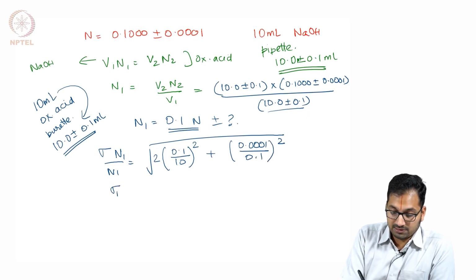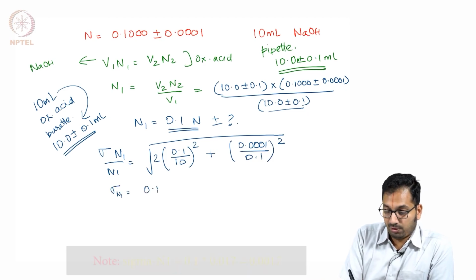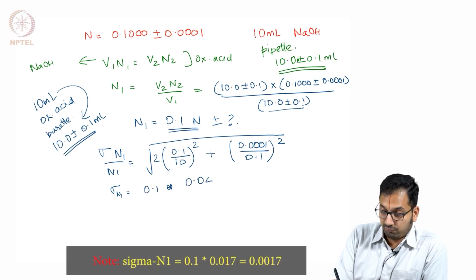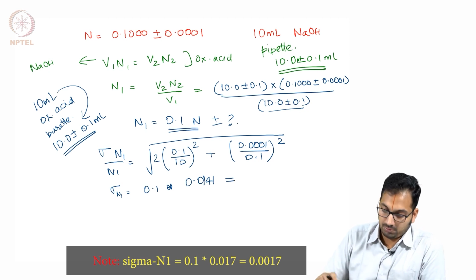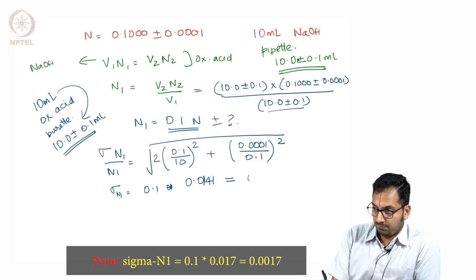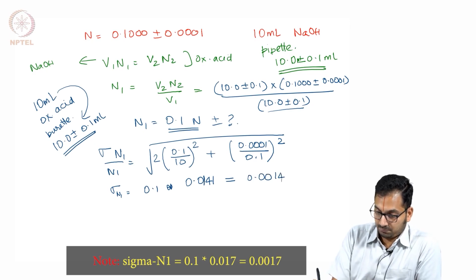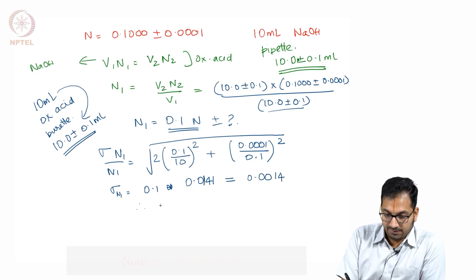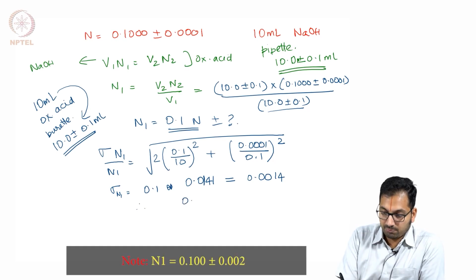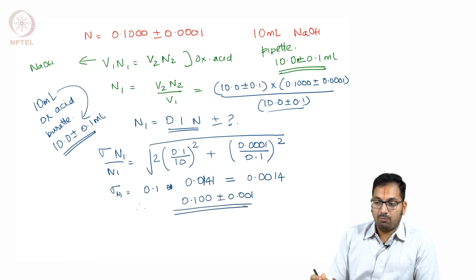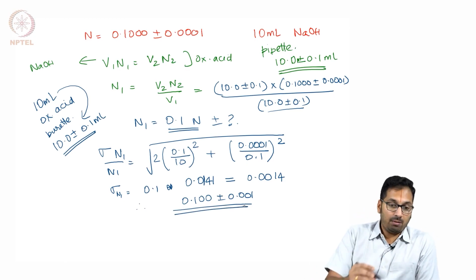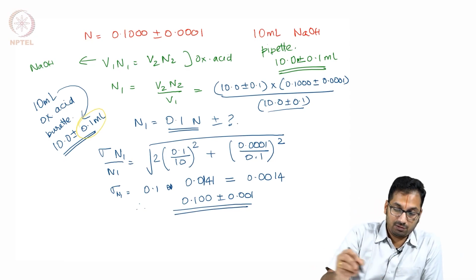So now sigma N1 comes up to be 0.1 times 0.041. So therefore the normality is going to be given as 0.100 plus minus 0.001.